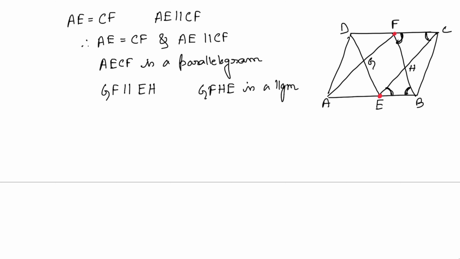So now the points G and H are on the lines DE and BF respectively. So here you can write down GE also parallel with HF. Okay, so as here GF is parallel with HE and GE is parallel with HF, from that you can write down GEHF is a parallelogram and it's proved.